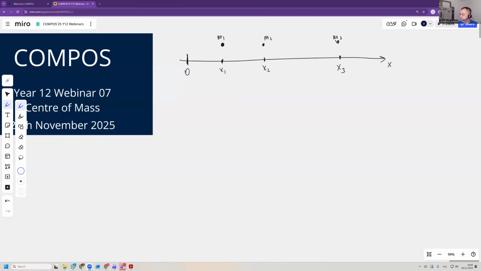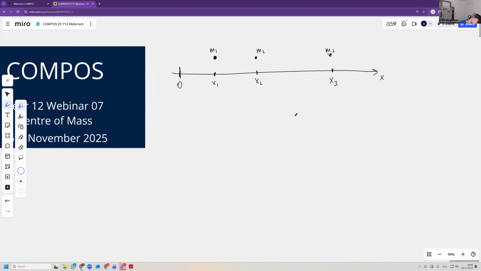There can only be one distance, which is the distance between the points. So the coordinate of the center of mass, x center of mass, is m1 x1 plus m2 x2 plus m3 x3 divided by m1 plus m2 plus m3.